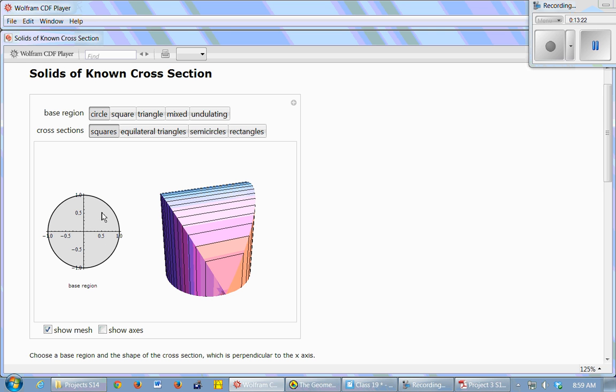And then I'm going to draw squares coming out of the board on top of this circle. And you get a solid that looks kind of like this. So you can see the base is down here in the XY plane. And then this is the Z plane where I drew squares, or Mathematica drew squares, coming up out of the base.